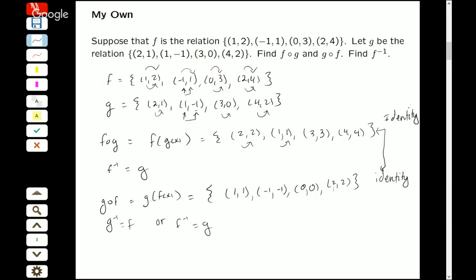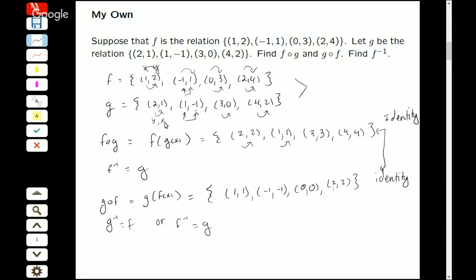So what is the difference up here between f and g? If this is the x and this is the y, I have a 1, 2 up here. What do I have down here? 2, 1. This would be like y, comma, x. I changed the order.